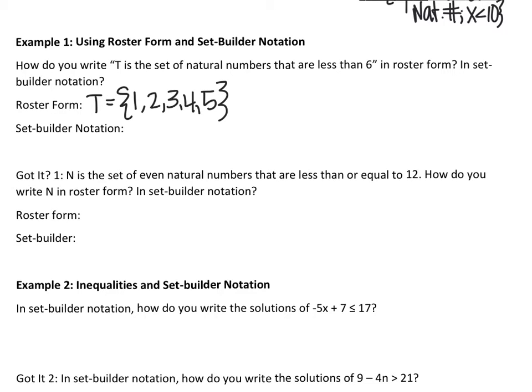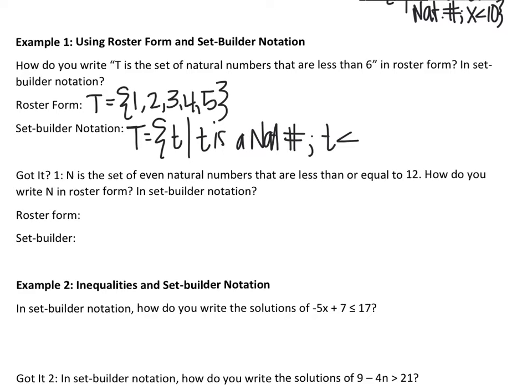In set builder notation, you're going to say T equals the set of t such that t is a natural number; t is less than 6. So in set builder notation, you're listing the characteristics that it has to fulfill to be in the set. Okay, got it?